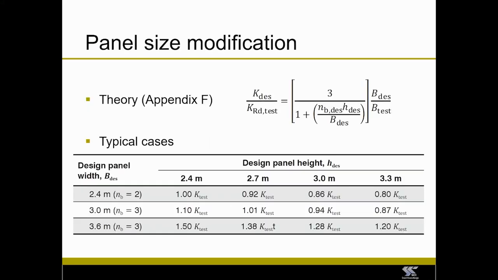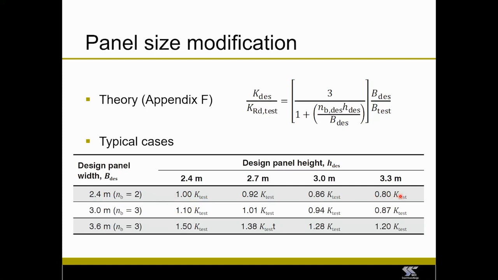So again, we've given some hopefully useful information in the publication, repeated here. So we've got a theoretical expression, but we've also got some factors. If we're starting off with a 2.4 by 2.4 panel, then we have a factor of 1 that can be applied to the stiffness.